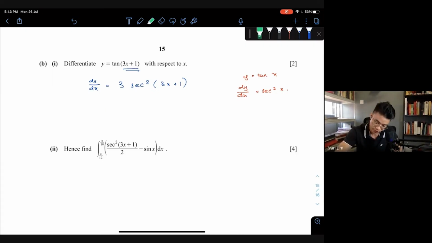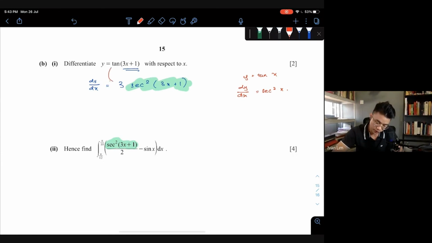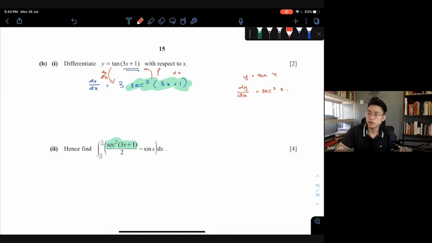Over here in the question, which is the same as here. I differentiate this one, it becomes this. So I integrate this to become 1 over 2 tangent (3x plus 1) over 3. You can bring out the 1 over 2. We need to start from the 3 secant square (3x plus 1) first.